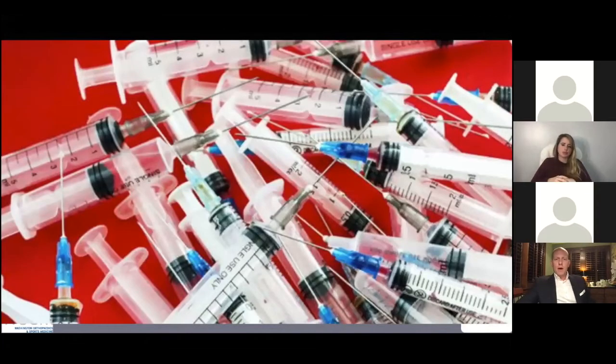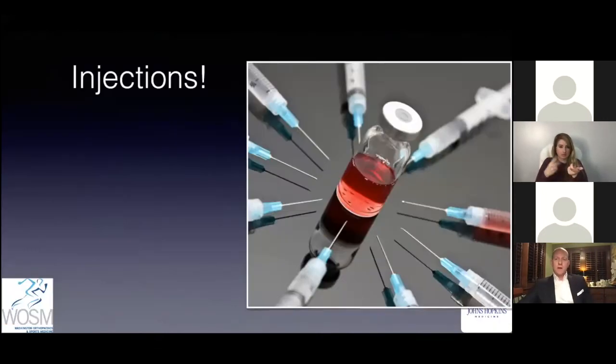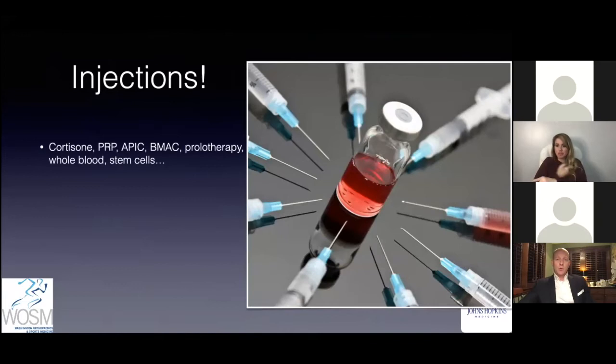But what about an option like an injection? Injections can seem very promising for any number of reasons. There's a number of injections out there. We talked about cortisone already in this discussion, which I'll talk about briefly.